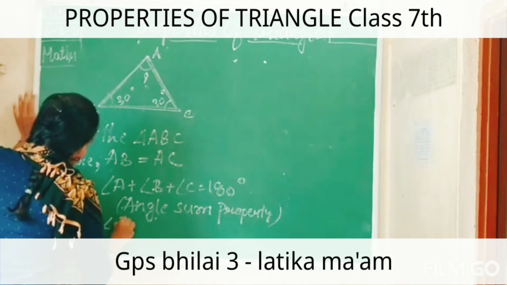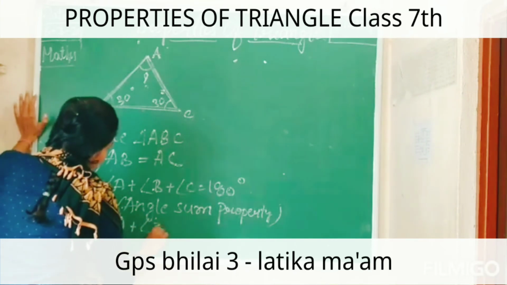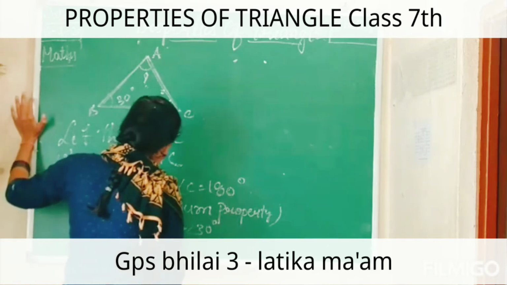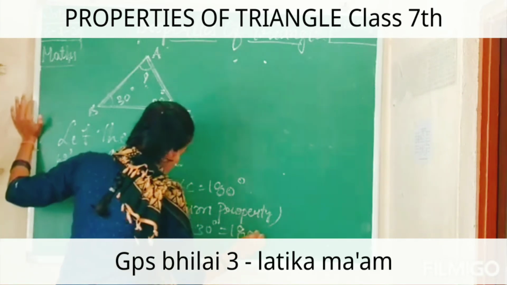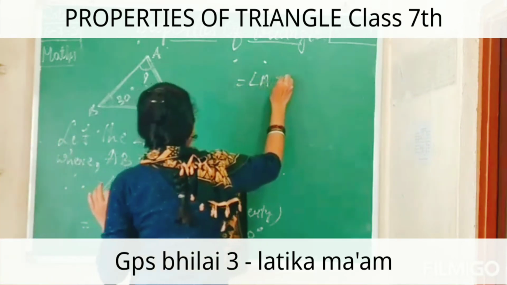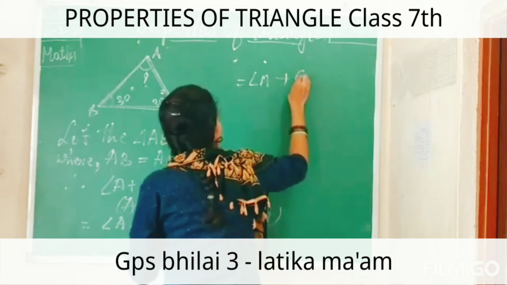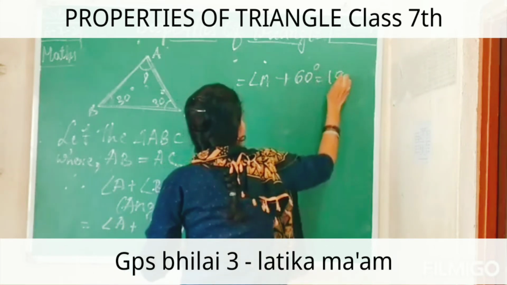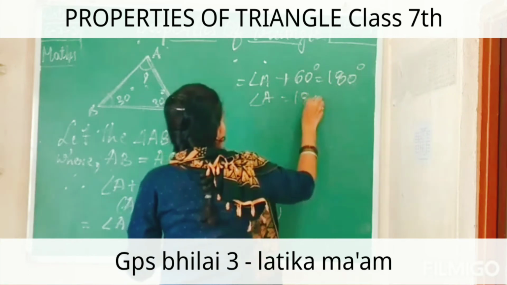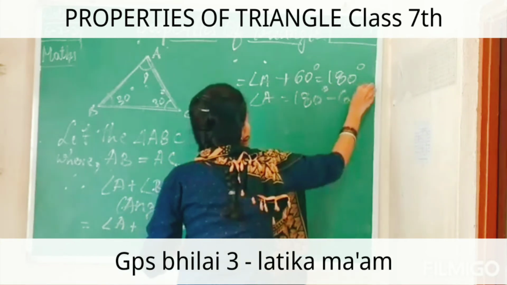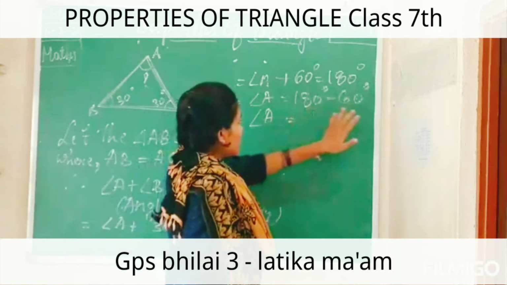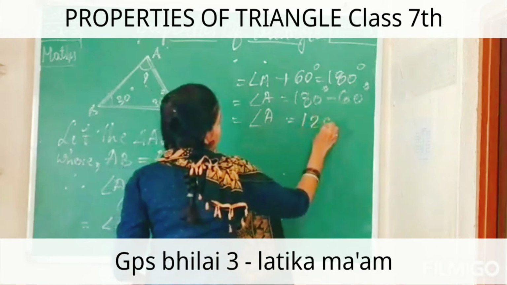Angle A plus angle B 30 degrees plus angle C 30 degrees is equal to 180 degrees. Angle A plus 60 degrees is equal to 180 degrees. Angle A is equal to 180 minus 60 degrees.